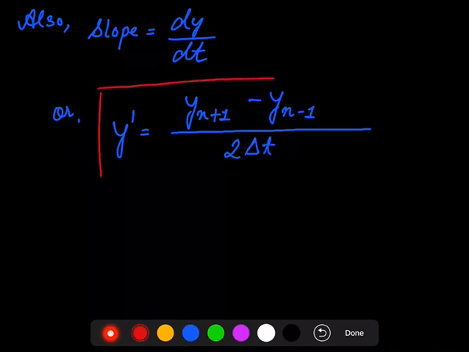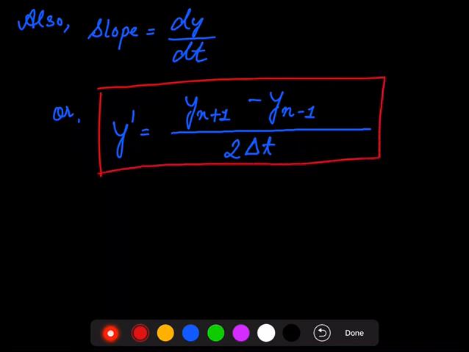So this is another equation, you can call it equation 3.